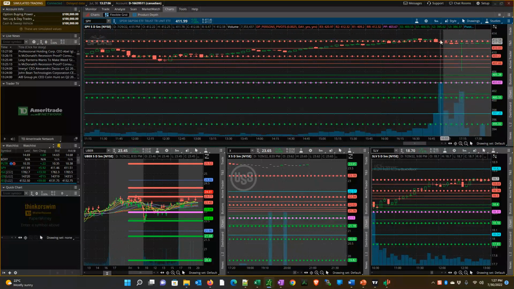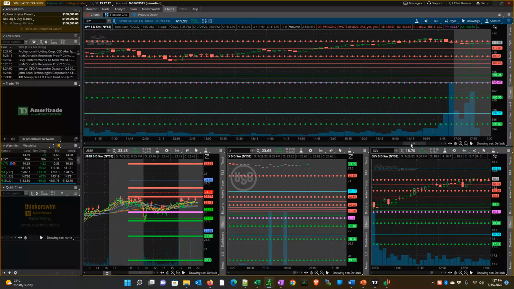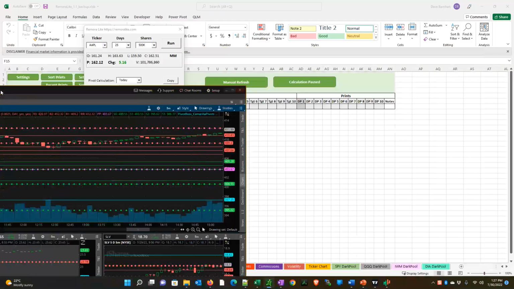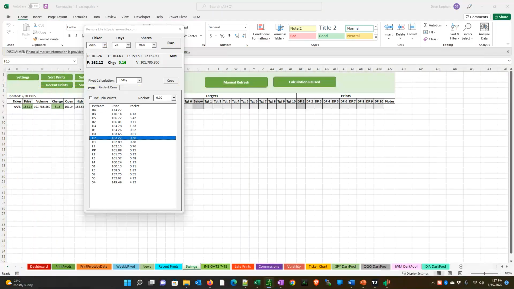But you see that every day. If your stock is going to blow through these without even looking, that means it's super strong. And when you have prints and something blows through a pivot moving average like that, that's really strong. Be on high alert for that.